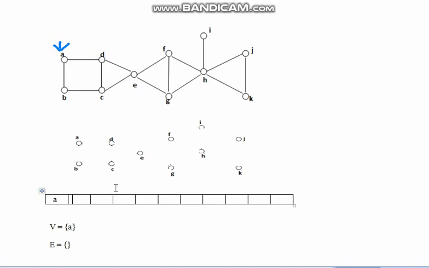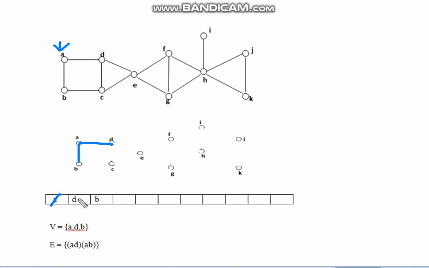So here I visited D, B, and I am taking the edges A, D and A, B. Okay, hence A to D, A to B. Then from A, the possible non-visited vertices are over.